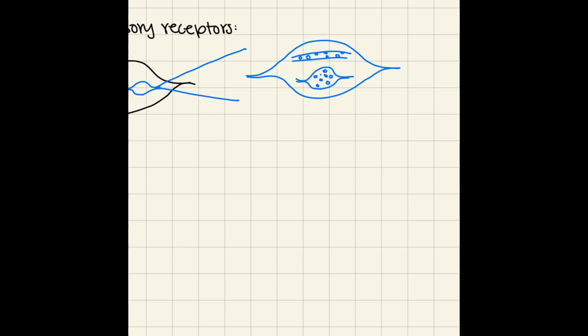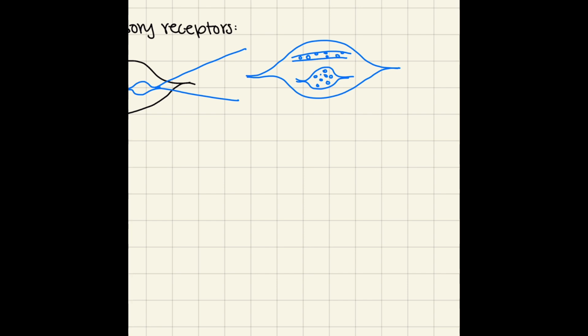And these fibers are innervated with what we call gamma motor neurons. Gamma motor neurons are going to help the muscle spindle stay taut when your muscle is contracting.